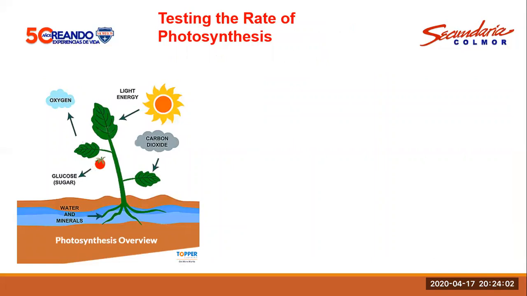So here we have the three elements. Number one, the light energy coming directly from the sun. This is a sunny day in this picture. Then we have the carbon dioxide that is present in the atmosphere. These two elements, the light energy and the carbon dioxide, are absorbed through the leaves.